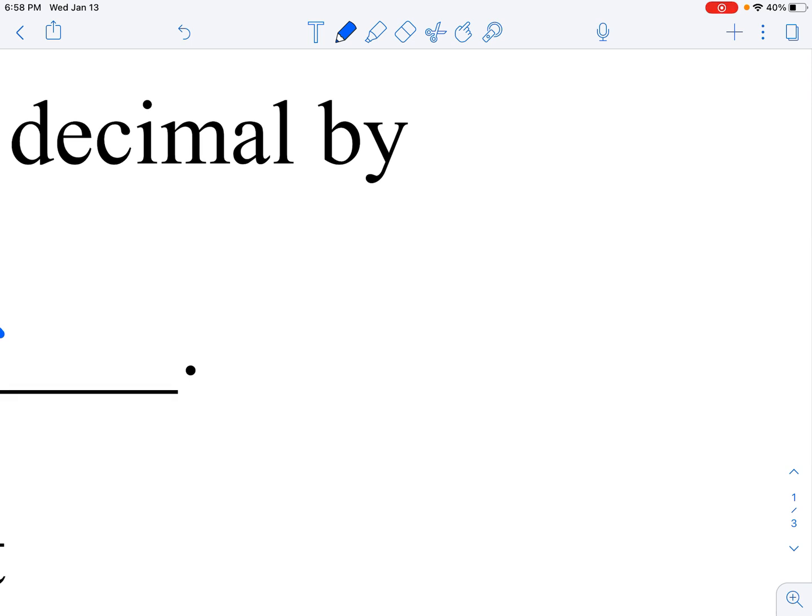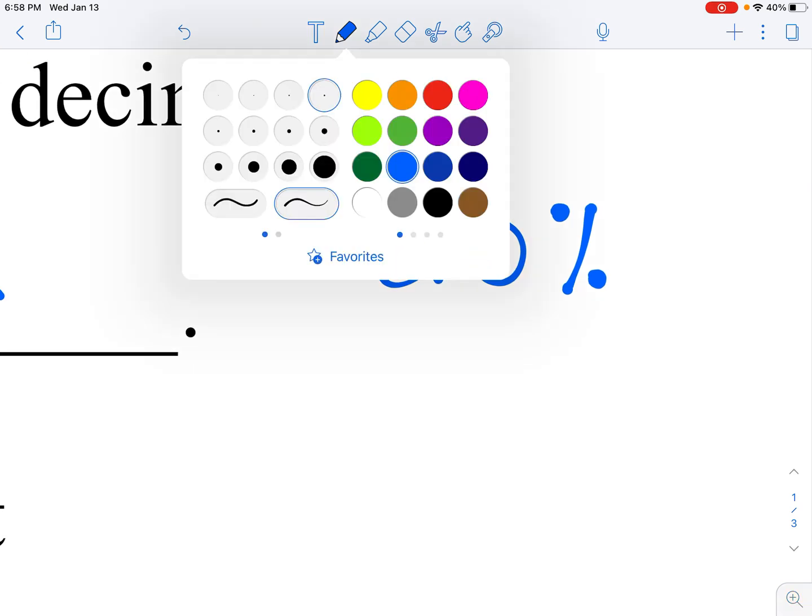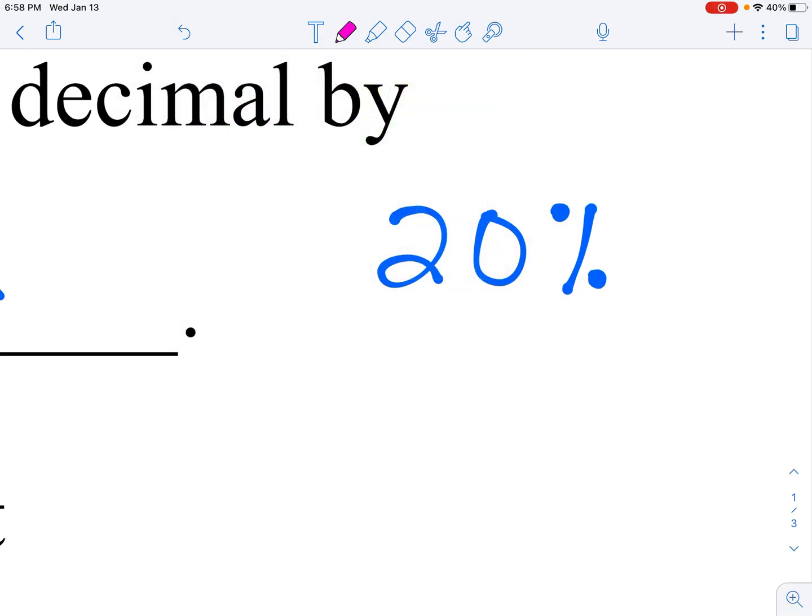If we have, let's say, 20%, we can't keep it as 20%. We need to move the decimal place 2 places to the left, but take a look here. 20 doesn't have a decimal point, so how can I move it 2 places to the left if no decimal point exists?